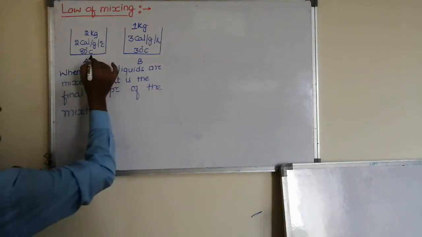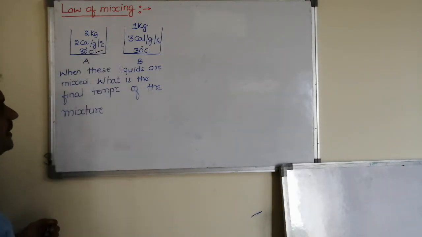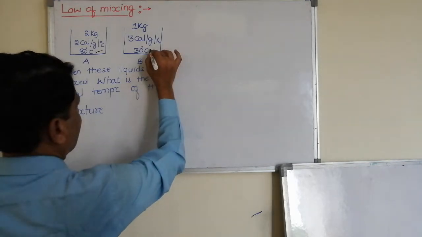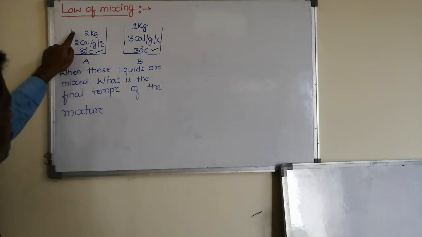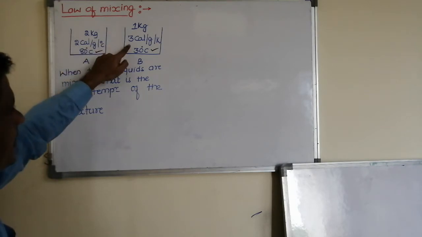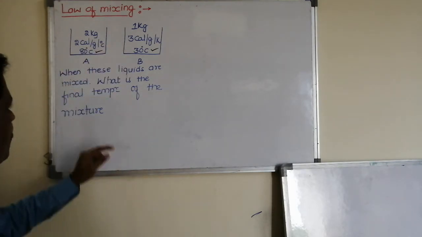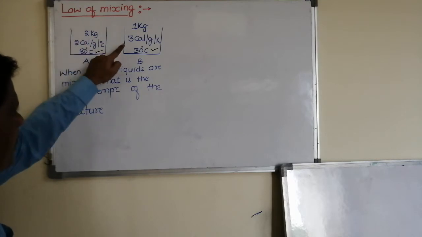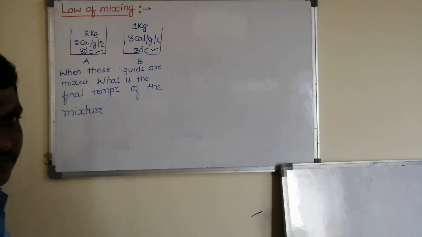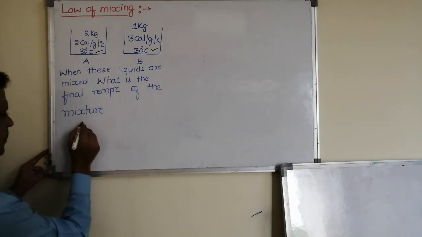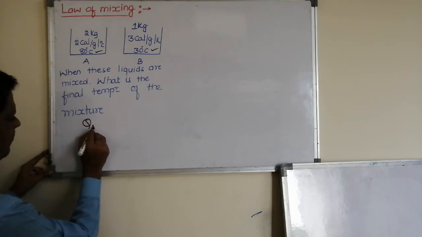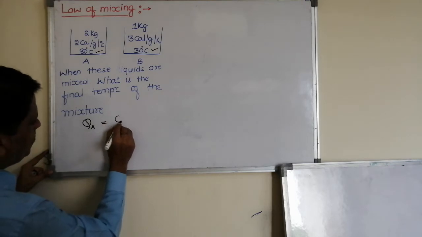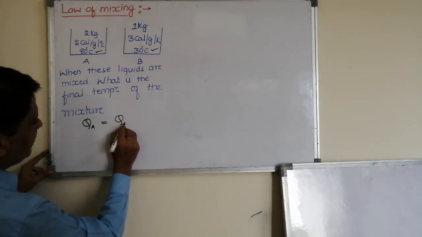Since A is at 80 degrees Celsius and B is at 30 degrees Celsius, A is the hot body and B is the cold body, so A loses heat and B gains heat. Hence I will write Q lost by A is equal to Q gained by B.